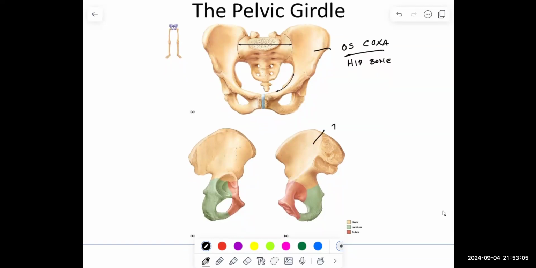The one in yellow, ilium. The one in red, pubis. That's in your pubic region. The one in green, this is the one you're all sitting on, ischium.